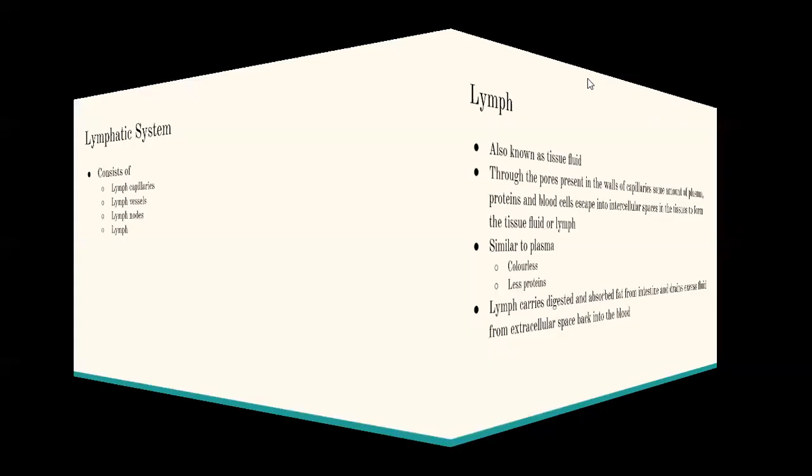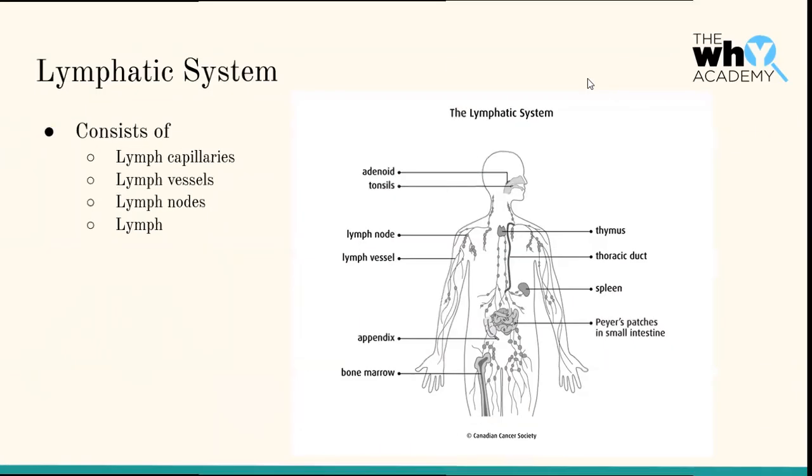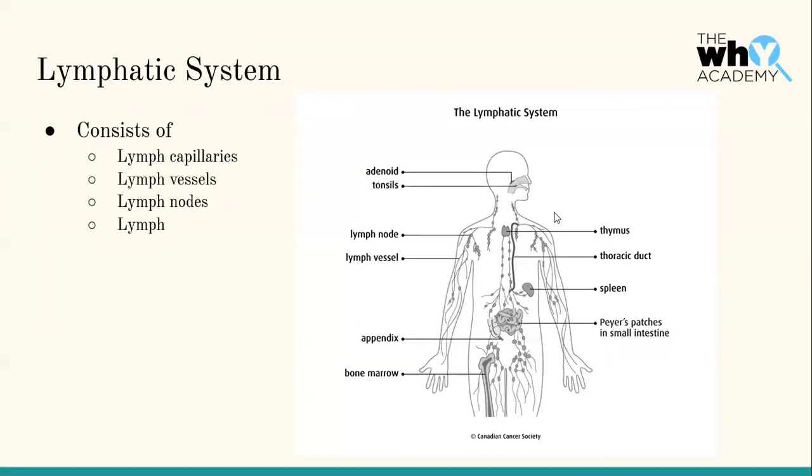Right. And yeah, these are just some of the examples I wanted to add here, just to show you some of the major tissues or areas where lymph nodes or lymph is present. Bone marrow is one of them. When you read about blood in detail, bone marrow is the site for the generation of new blood cells as well. That's why it becomes a very important part.